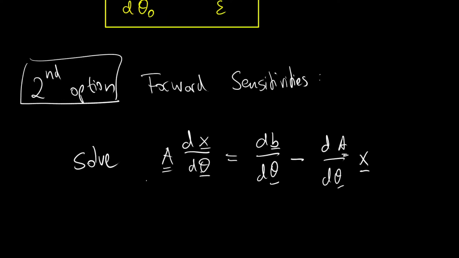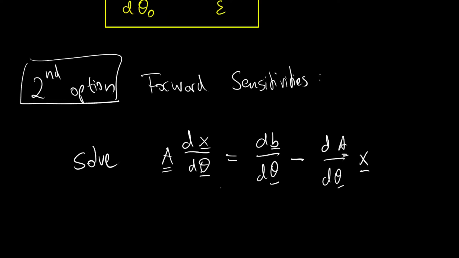And that is a consequence of what we derived in the earlier videos on the adjoint sensitivities. We then claimed that this is more computationally expensive than using the adjoint method. And that is because here we are not solving the system for one vector, but we're solving it for an entire matrix.